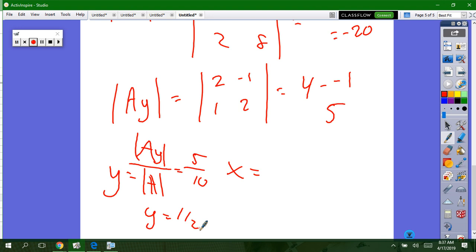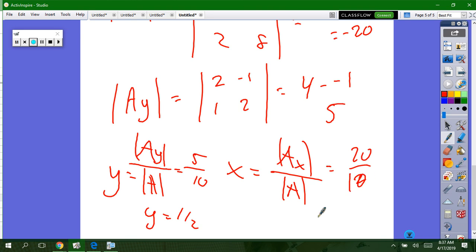Okay, x is Ax over A, which is 20 over 10, which came out to be 2. Was it negative 20? Sorry about that. Thank you. So negative 2. Let's go plug it back into the original and see if it works.